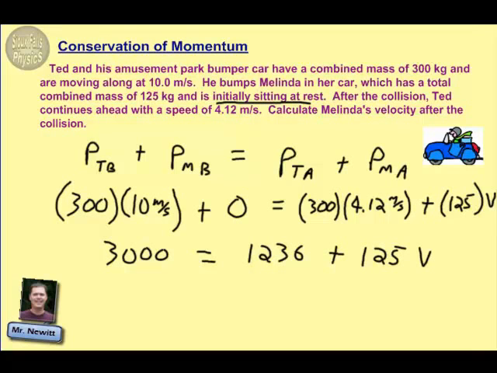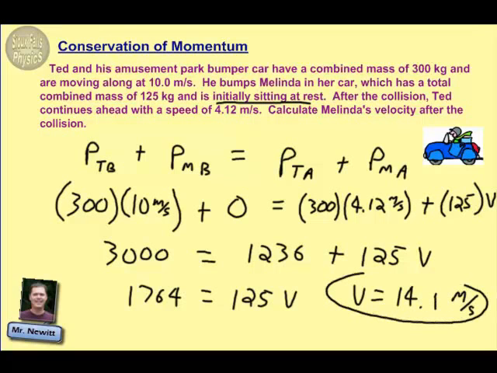All right, and then we're going to just do a little algebra here. Subtract the 1236, you get 1764 equals 125 times that velocity, and divide both sides by 125. You get a velocity for Melinda of 14.1 meters per second.